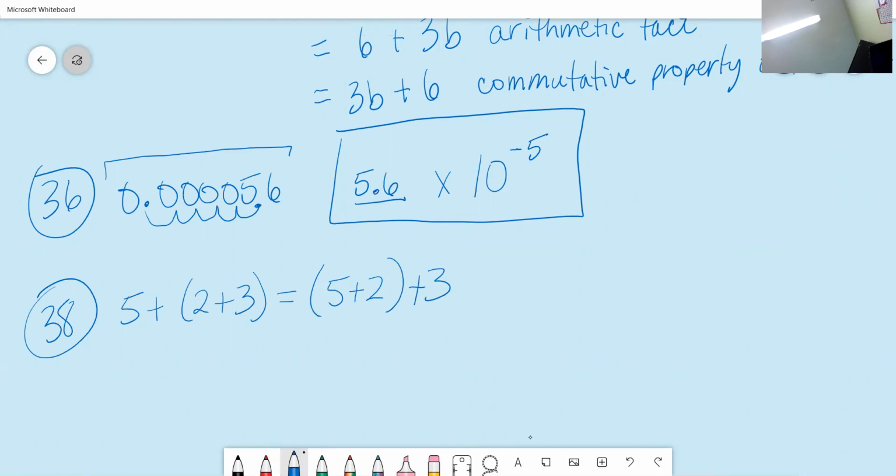This one should be pretty easy for everybody. You can see that the integers are in the same order on each side, but we have changed our order of operation. So this is associative property of addition.